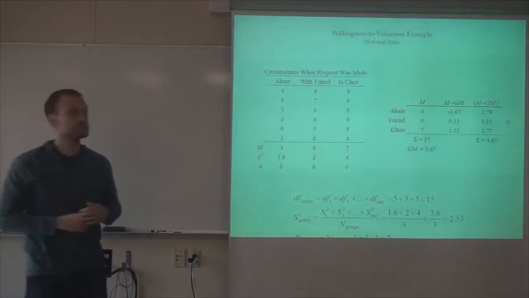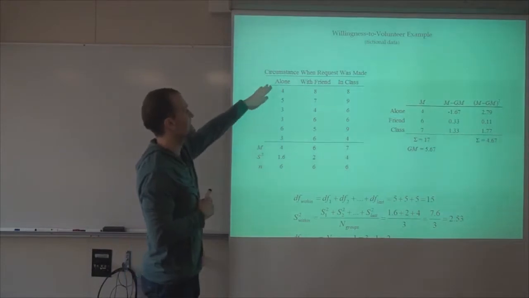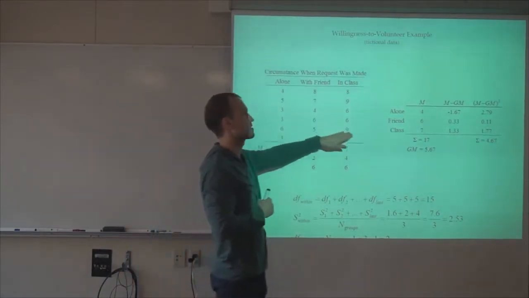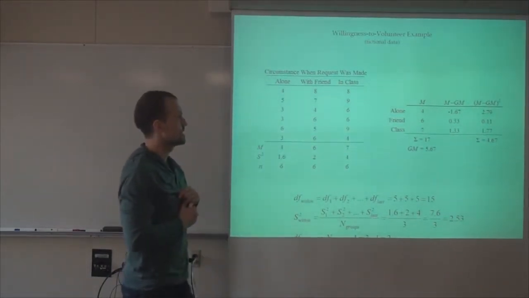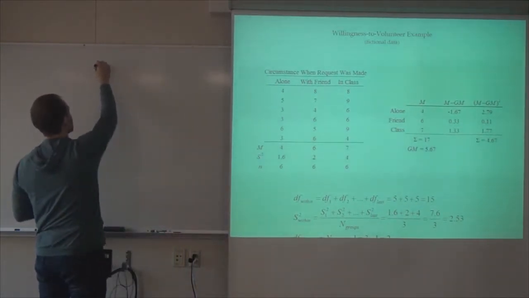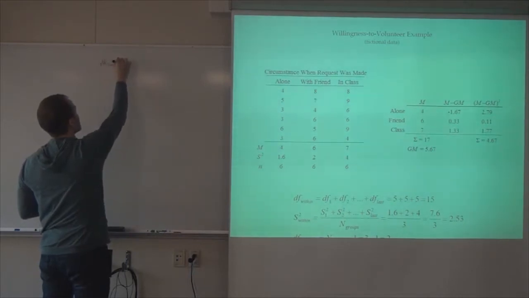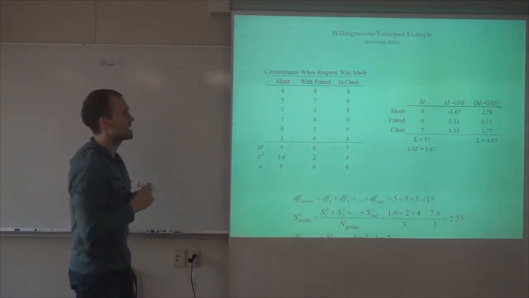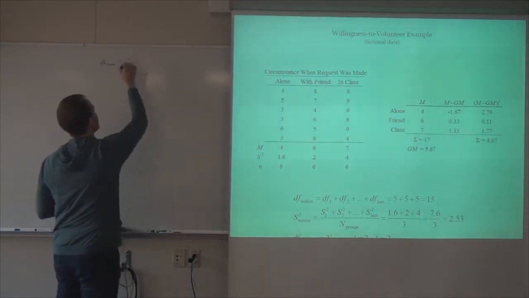Here's my information. I have a sample of 6 per group, which would give me, in my F ratio, the degrees of freedom in the numerator as the number of groups minus 1. So again, it will be 3 minus 1.